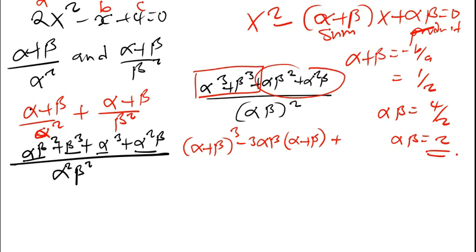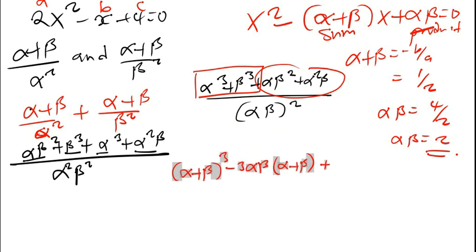I don't have enough space. I'll shift this to come here. I'm going to factor out alpha beta and I'll remain with alpha plus beta, it's the same even if I start with beta.